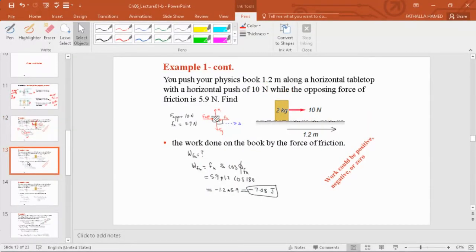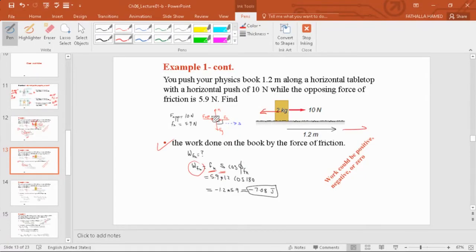The same question, but they ask you here the work done by the force of friction. You know that friction is opposing your motion. And that's why we say here the work subscript Fk, and Fk here is the friction or kinetic friction force. So it will be the magnitude of the friction force, the magnitude of displacement, cosine the angle.